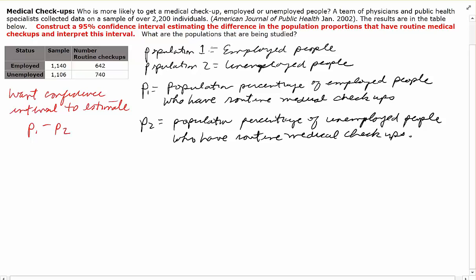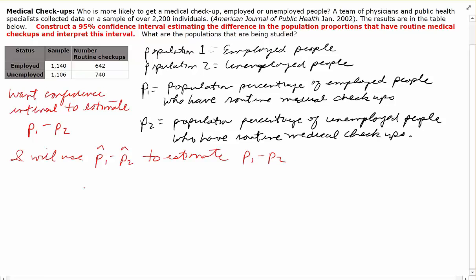Of course, I could never find exactly what P1 and P2 are because I would have to collect data on all employed people and all unemployed people as far as their routine medical checkups, and that's not possible. So, I will use P1 hat minus P2 hat, my sample percentages, to estimate P1 minus P2.